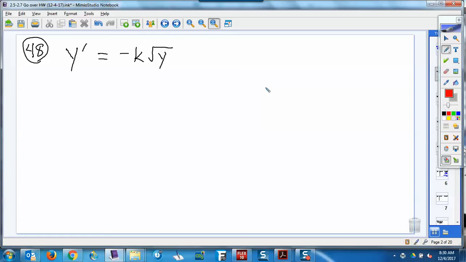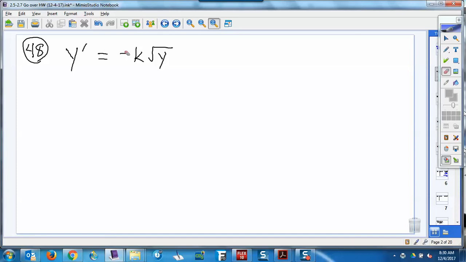If y is the depth of the liquid, when the tank is open, the depth of the liquid drops at a rate, so right there, y prime would be your rate, is proportional to, so we'd stick in a k when it says proportional to, the square root of the depth of the liquid. The square root of y, right? That sentence right there, we should have been able to take that and write that. Now, why is there a negative there? Let's talk about that. Because that's another question I could ask you about a situation like this. Why would you have written a negative in it?